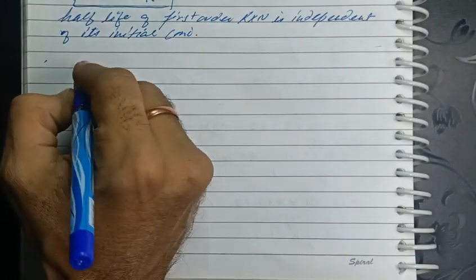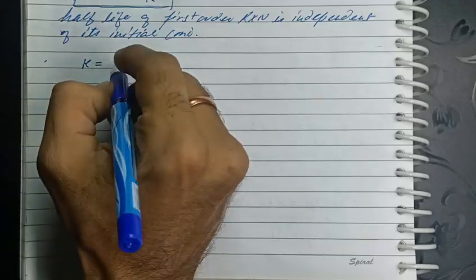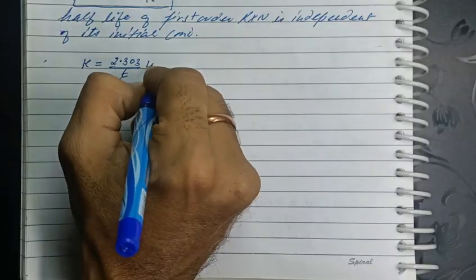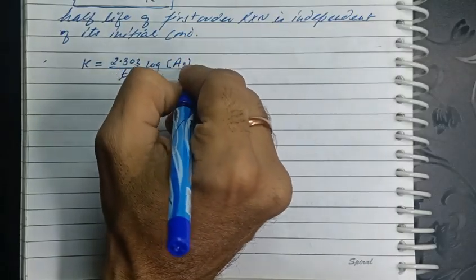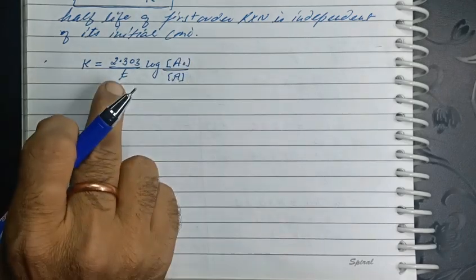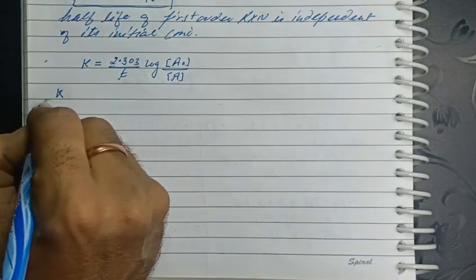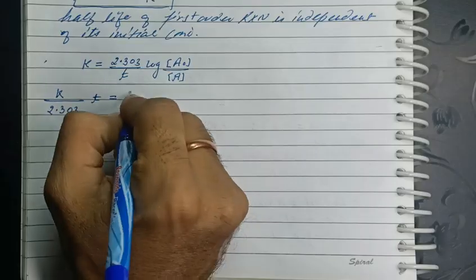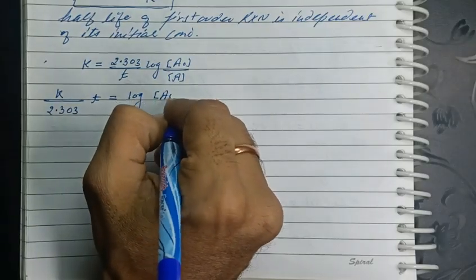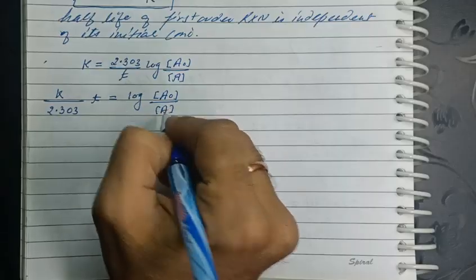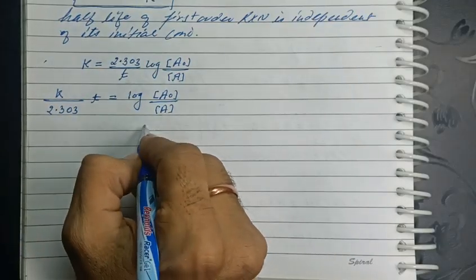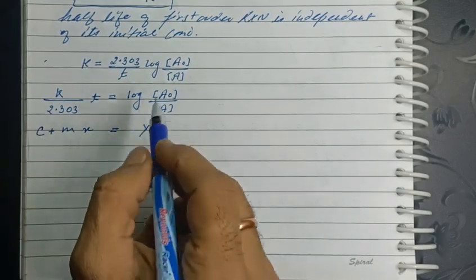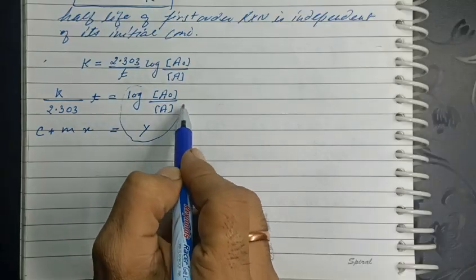Now we know that K is equal to 2.303 upon t log A naught upon A. Taking t onto the left side, 2.303 into t is equal to log A naught upon A. On equating this equation with the equation of straight line, y is equal to mx plus c, this is y coordinate.